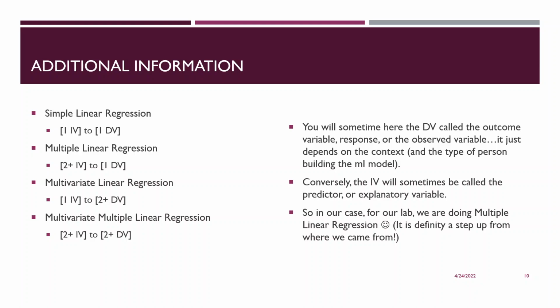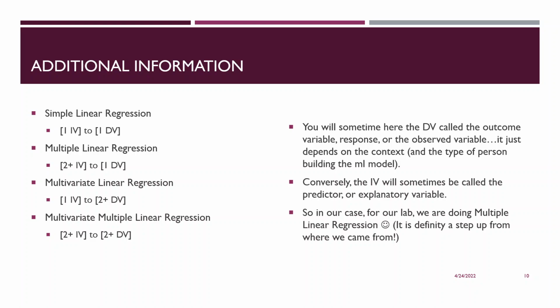But anyway, we're definitely moving up a step because simple linear is really just so basic. We can use it for educational purposes, but we really can't use it beyond that because it can't handle anything beyond the one IV, 1 DV model. It's just not good.